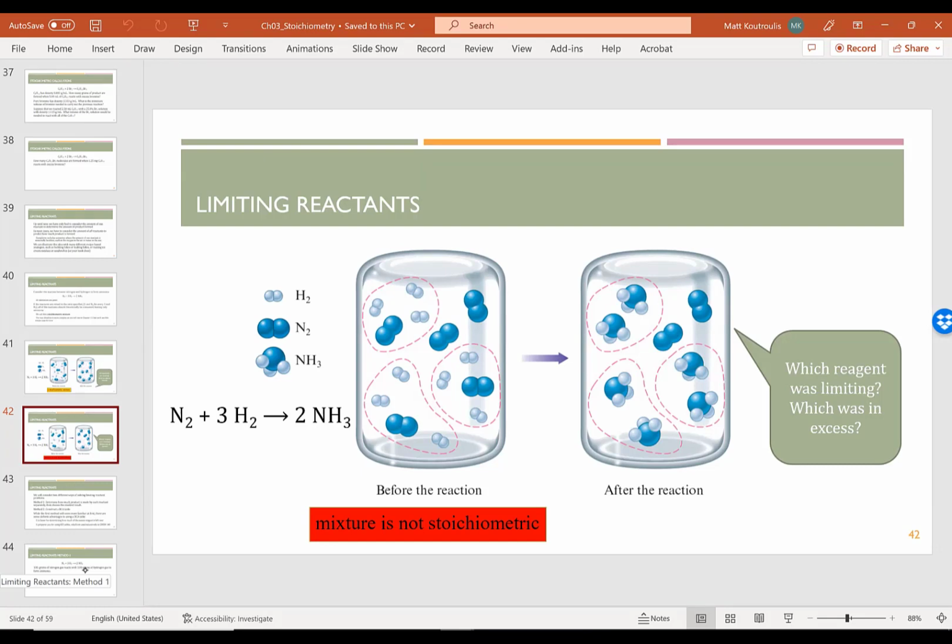So if I ask you, what's the total amount of product, you can't just say it's the ammonia, there's still nitrogen. Does the total mass still remain the same? Yeah, good. But you can't say it's just all ammonia. So we would say the N2 is in excess.